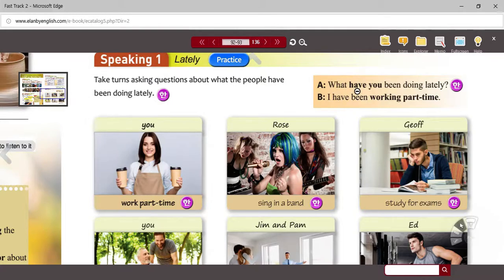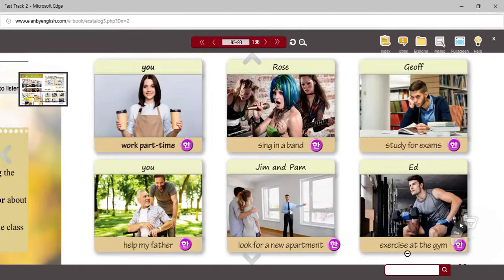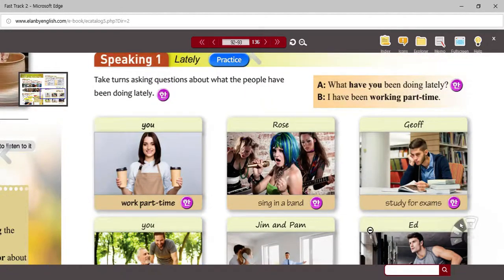Okay. The verb is given here: work, sing, study, help, look, and exercise. Okay. Now, in each of these, it looks like the auxiliary verb does not change. Okay. Notice that. It might change in the question, but not in the answer. Okay? But the verb is given here and the object.